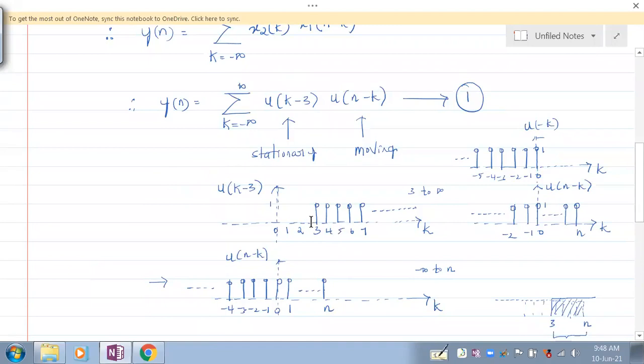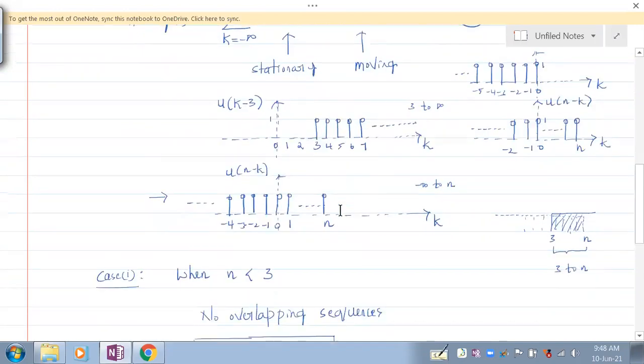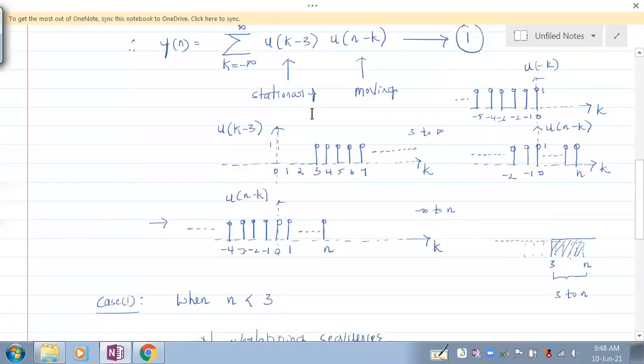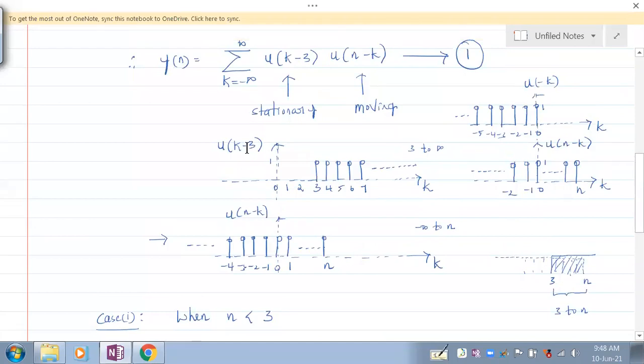In that range from 3 to n, what is the value of u of k minus 3? It's all ones. And u of n minus k is also ones. In that overlapping range, the values of u of k minus 3 and u of n minus k have not changed.